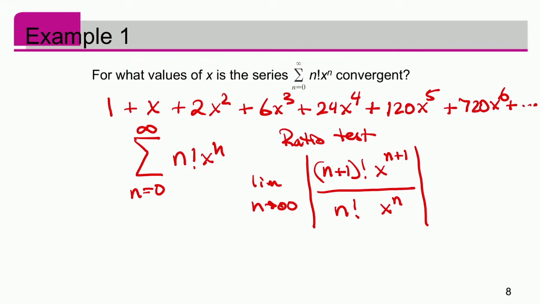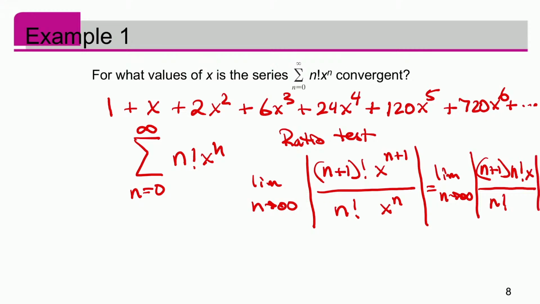All right, let's see. Here's what I would do to simplify this. Remember that n plus 1 factorial is just n plus 1 times n factorial. So the n factorials cancel. Over n factorial, and then there's an x in there somewhere.